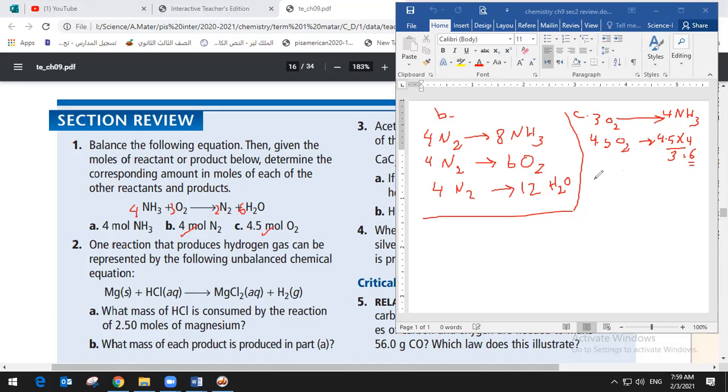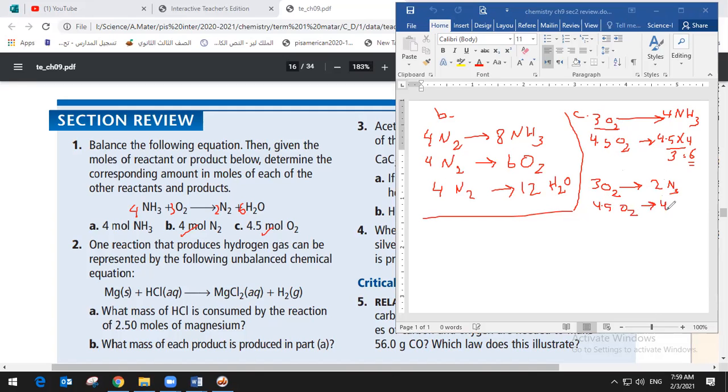Let's do the same. Regarding the basic equation here, if we have 3 moles of oxygen, they produce how many moles of nitrogen? 2, good. So like this, 4.5 moles of oxygen, how many nitrogen do they produce?